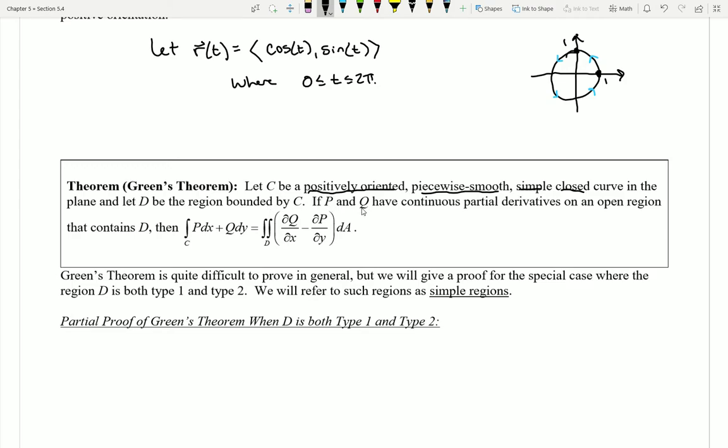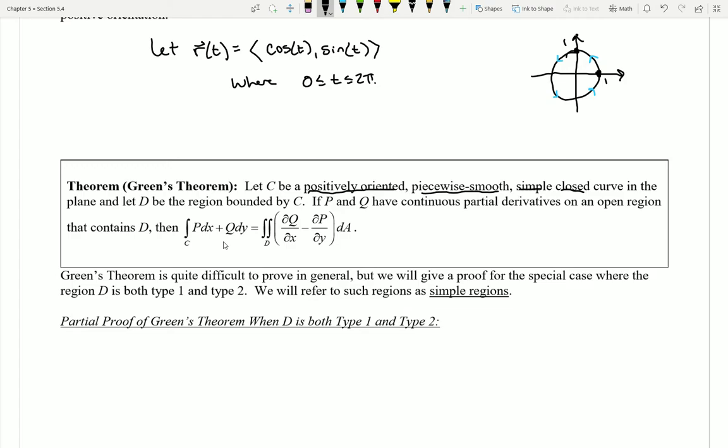If P and Q are 2 functions that have continuous partial derivatives on some open region that contains D, then there's going to be a relationship between this line integral over on the left and this double integral on the right. So we're going to try to see what this relationship is all about and how I would actually go ahead and justify this relationship.